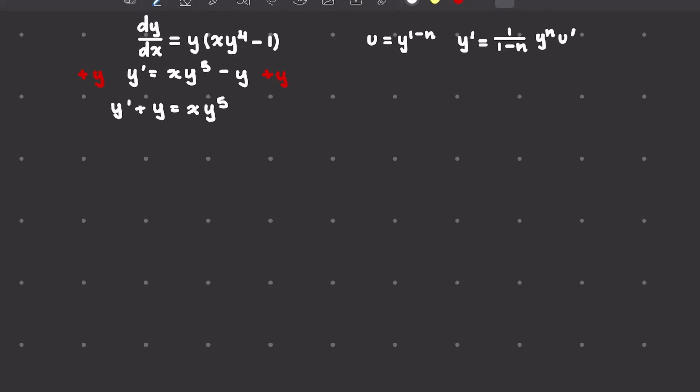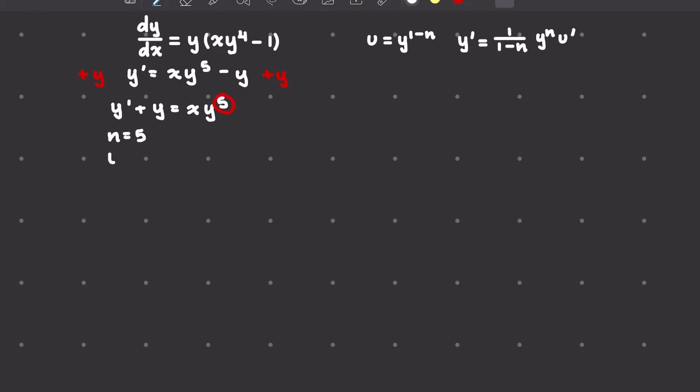From here on, you'll notice that this is already in the general form of a Bernoulli equation, so our next step is to calculate our substitutions, which are u and u prime. And we know our n here is equal to 5.